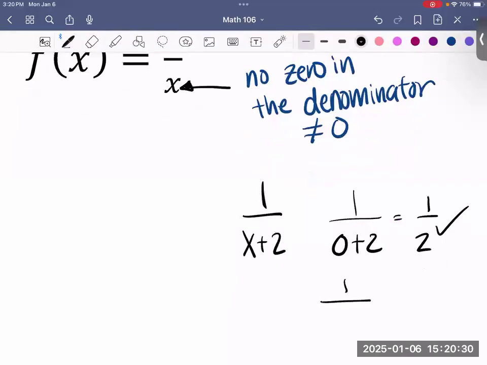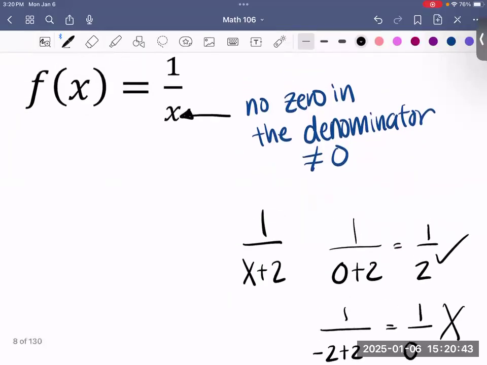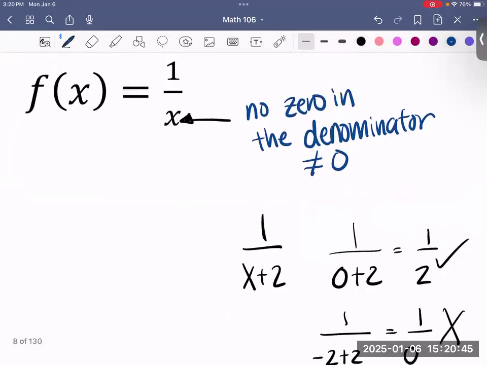Well, that would be -2 plus 2. 1 over 0, not okay. So it depends on the variation that will have an issue with your denominator, your domain. So for us in this elementary case, if there's a 1 over 0, we just can't be equal to 0. The more complicated the rational function, the more complicated your graph and your domain is going to be as a result.